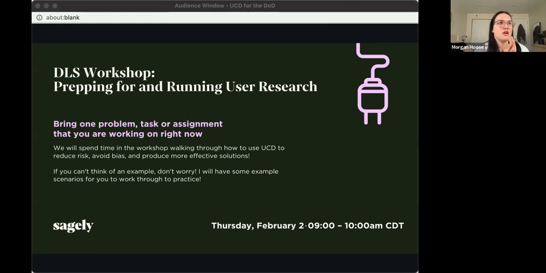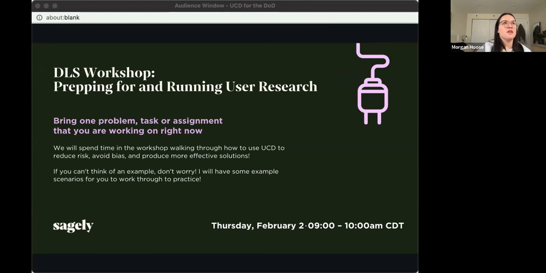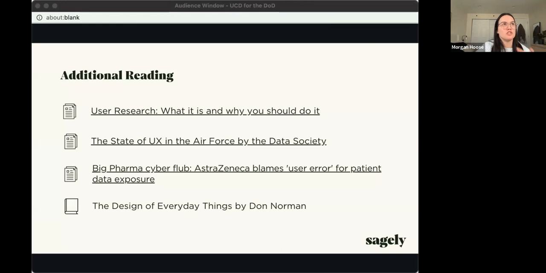We're also going to do a live usability test, if we have time, so you can see how that is run as well. If you can't think of an example to bring with you, that's okay. I'll have some example scenarios to work through. So that's a quick plug for Thursday. I also have additional reading resources that we can make available to all of you on the call.